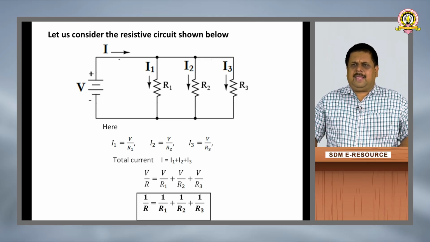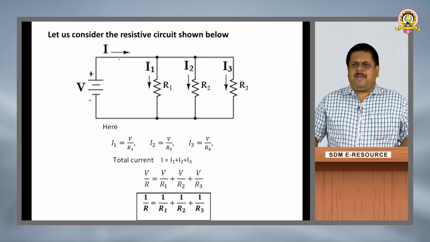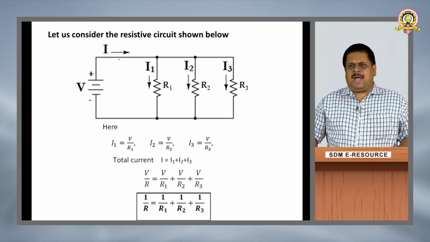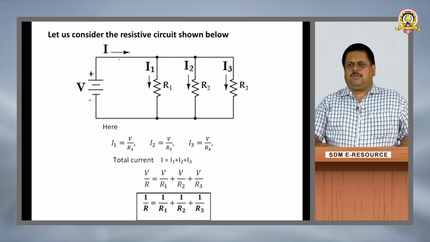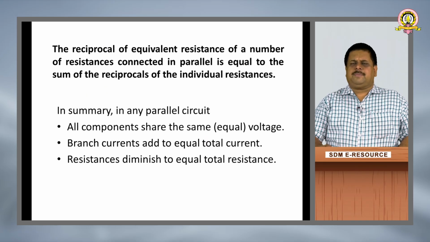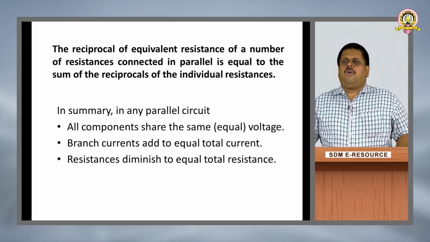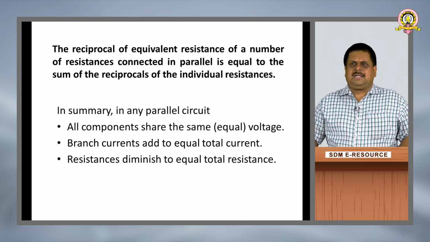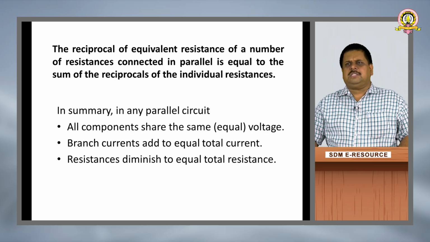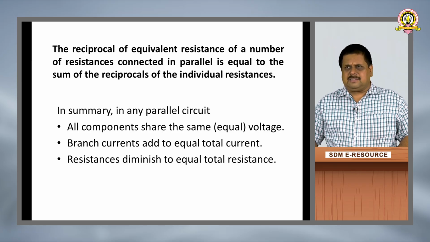Total current flowing through the circuit I is equal to I1 plus I2 plus I3. According to Ohm's law, I is equal to V by R. So, V by R is equal to V by R1 plus V by R2 plus V by R3, that is 1 by R is equal to 1 by R1 plus 1 by R2 plus 1 by R3. The reciprocal of equivalent resistance of a number of resistances connected in parallel is equal to the sum of the reciprocals of the individual resistances.